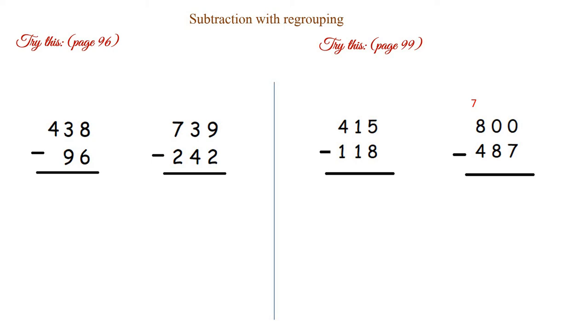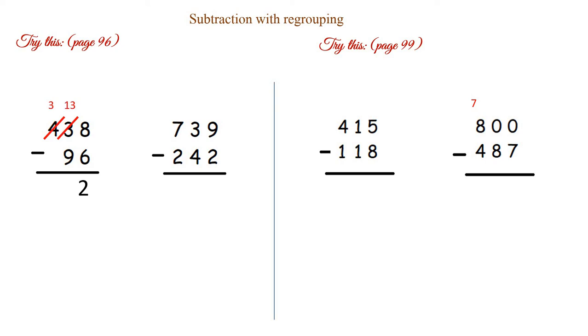Okay, I need to do the first exercise, which is here. 438. I have 8. I have to take away 6 out of 8. I can do that. I can write now 2. But if I want to subtract 3, I have some problem with the tens place. It's not enough, so I will go to the 100 place and I will take 100.